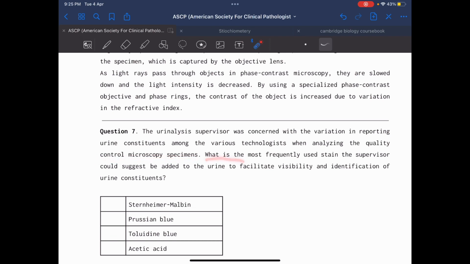What is the most frequently used stain the supervisor could suggest be added to the urine to facilitate visibility and identification of urine constituents? Sternheimer-Malbin, Prussian blue, toluidine blue, acetic acid.